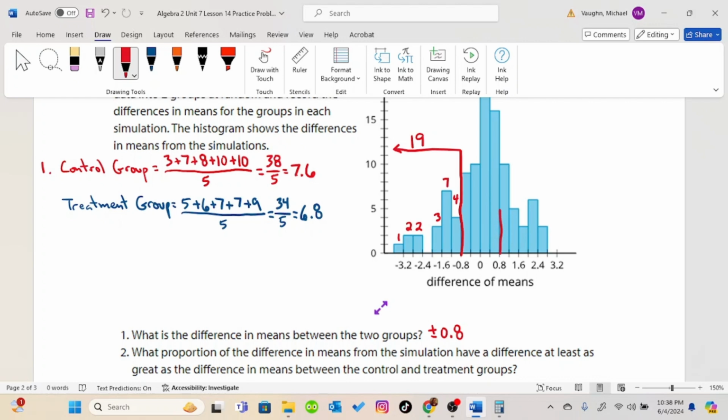Now above 0.8, we have 10, 5, 3, 6, and 3. 10 plus 5 is 15, plus 3 is 18, plus 6 is 24, plus 3 is 27.